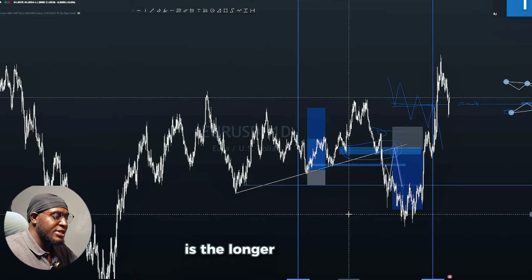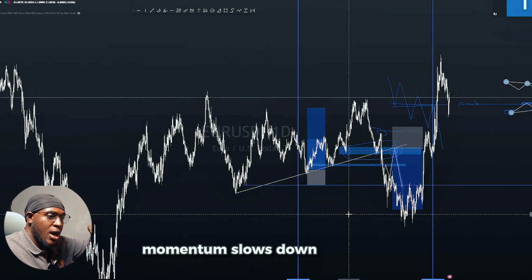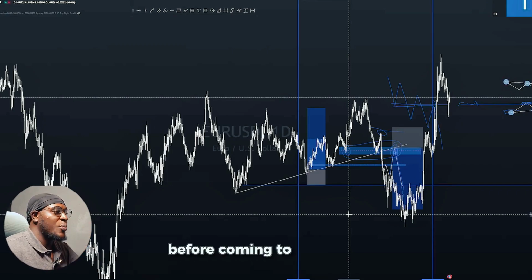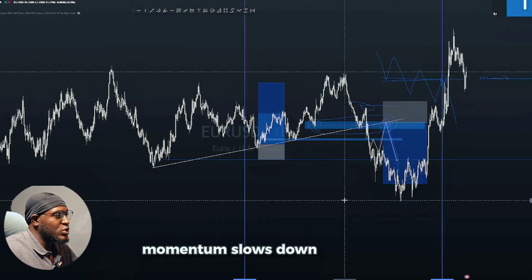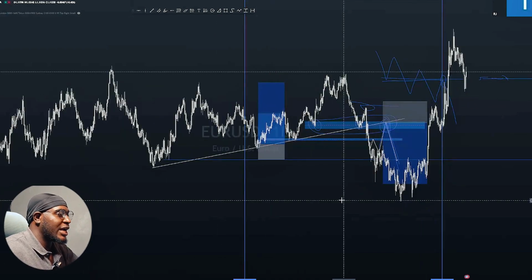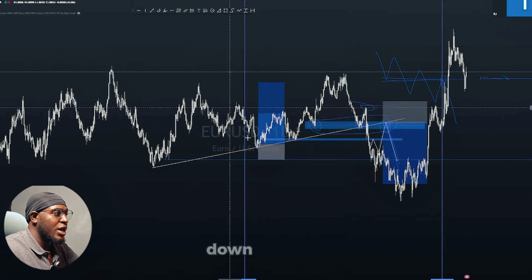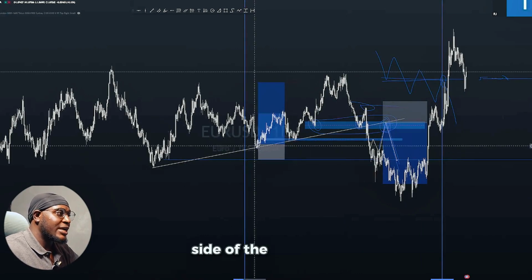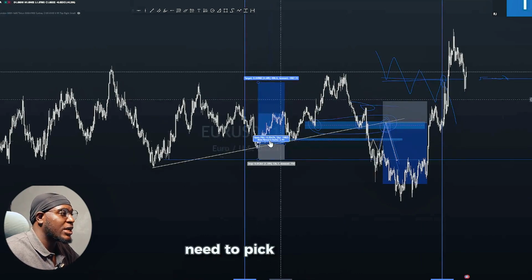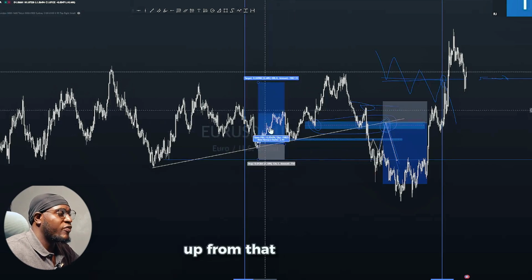Now, why this is so: the longer it takes for prices to come back to a trend line shows that momentum slows down for a while before coming to the trend line, and if that momentum slows down, obviously the next side of the trend line would need to pick up. You understand? We need to pick up from that point.